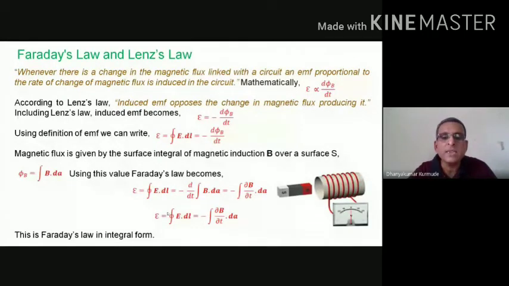Finally, we can write the induced EMF, line integral of E dot dl, is equal to the surface integral of minus dou B by dou t dot dA. So the left hand side indicates EMF and the right hand side is the rate of change of flux. This is called Faraday's law in integral form.